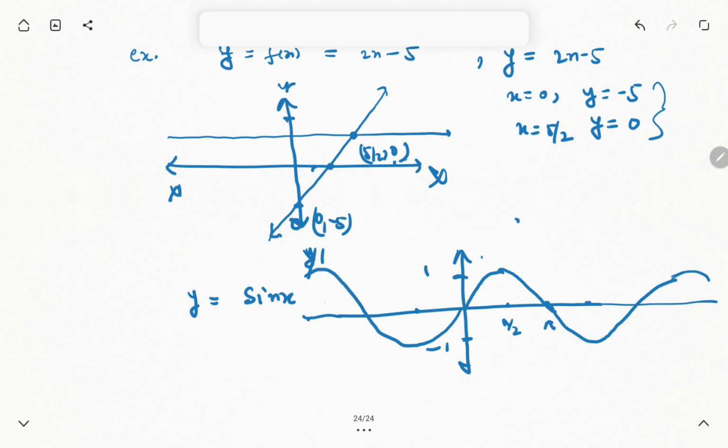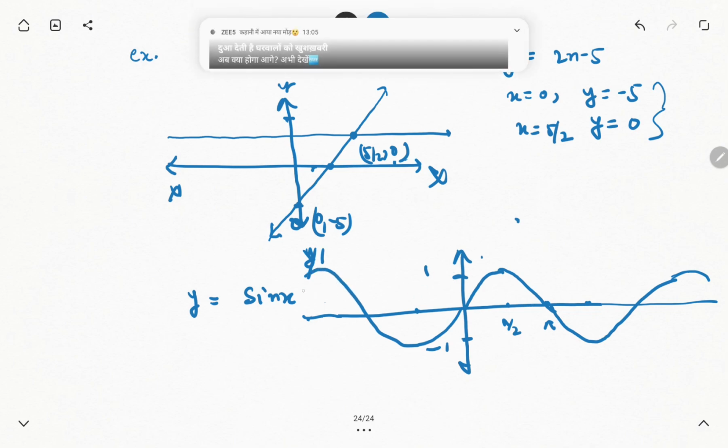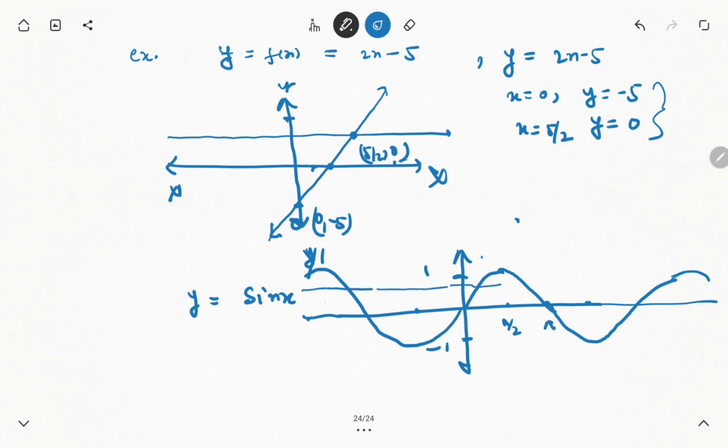Now see, if we draw a line parallel to the x-axis from any point, how many points are you getting? Here, here, here, all y's are same.